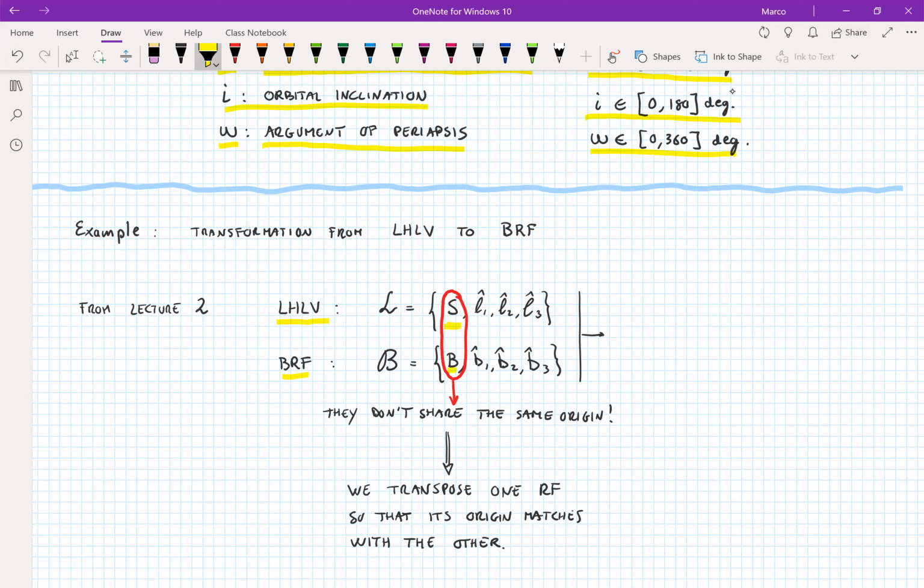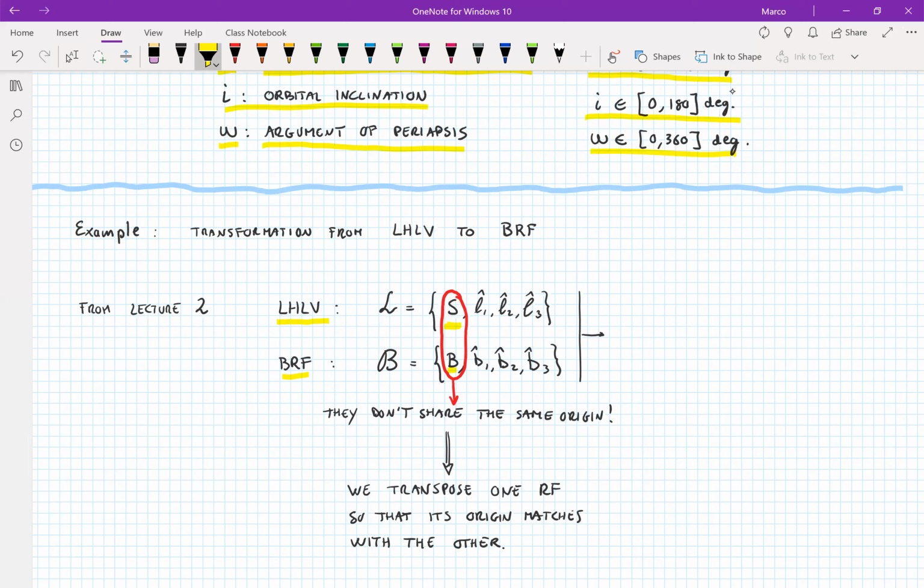So if we have an aircraft that is flying, well, obviously the center of gravity does not coincide with a fixed point on the Earth's surface. So how can we possibly apply a rotation between two reference frames that do not share the same origin?